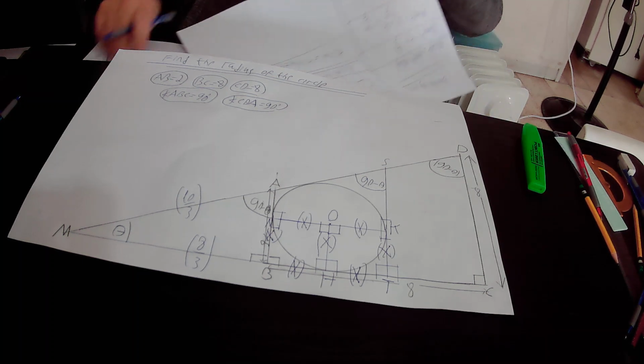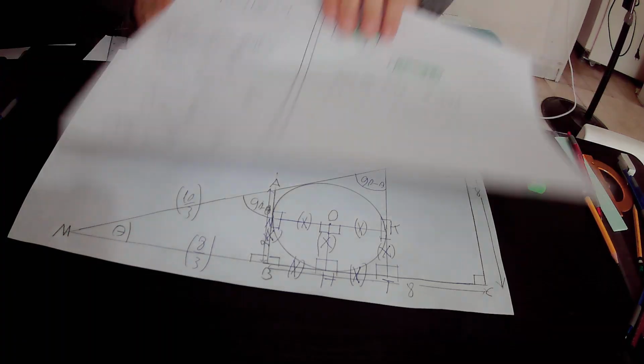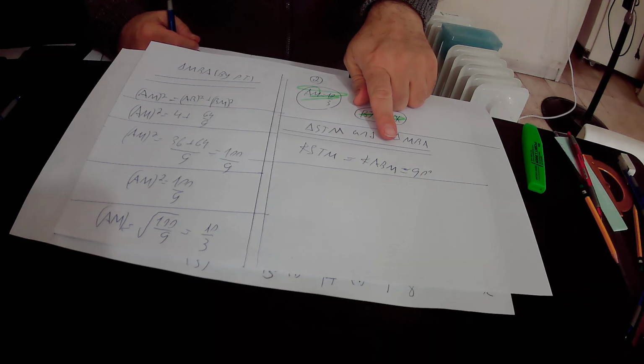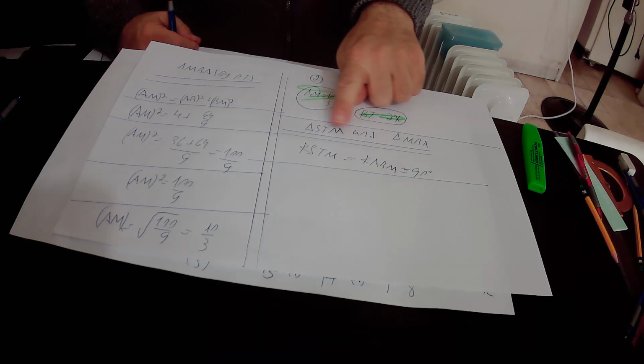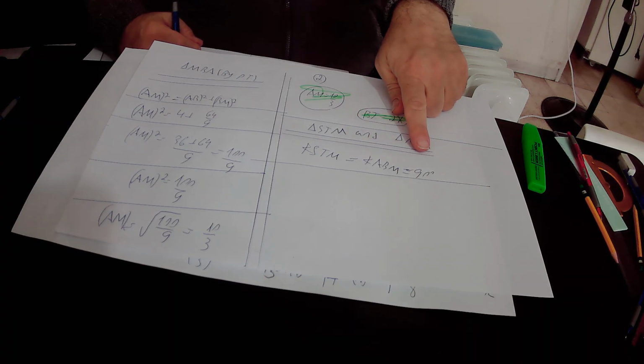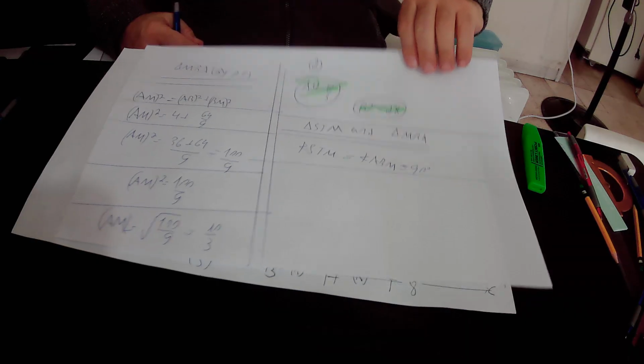Repeat again. Angle STM in triangle STM equals angle ABM in triangle MBA. They are both equal to 90 degrees, therefore they are equal to each other.